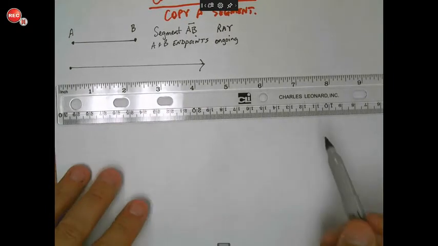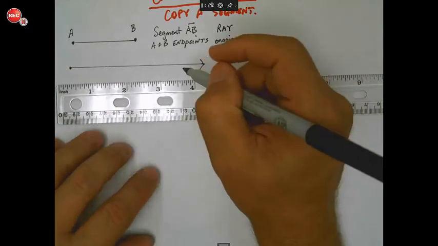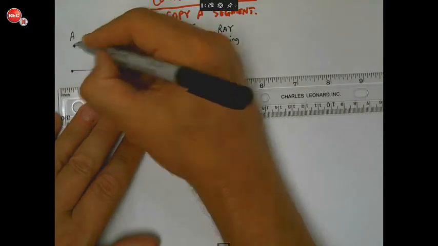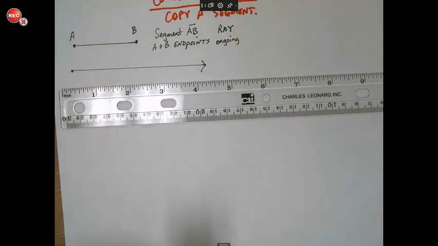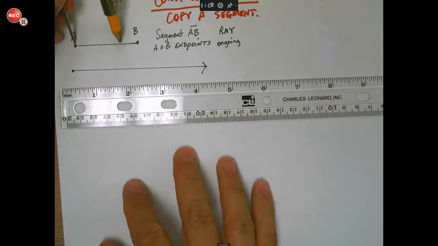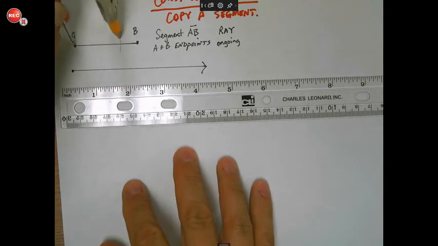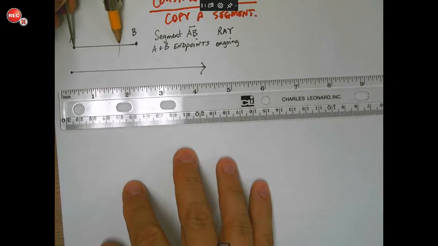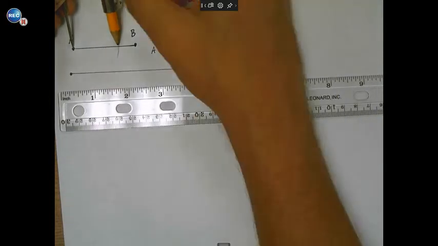Okay, so now that's not what we're doing right now. We're copying AB onto this ray. Here are the steps to follow. I have a compass. I put the sharp point on one endpoint. Let's say it's on A. If I make an arc right now, that's not long enough. That doesn't go all the way out to B. Does everyone see that? So I have to widen out the compass.